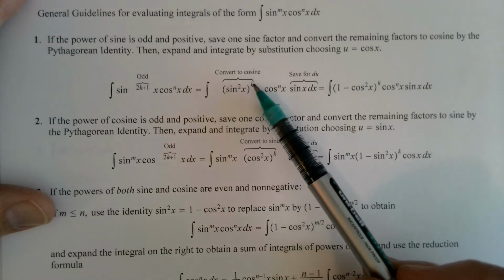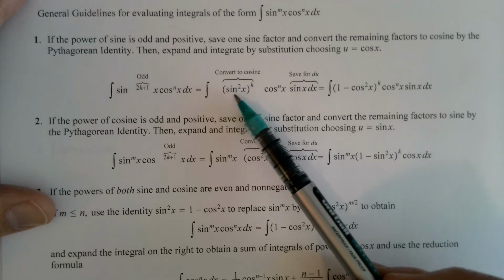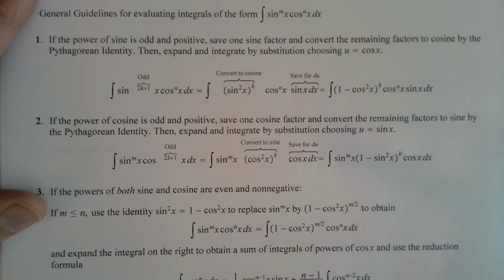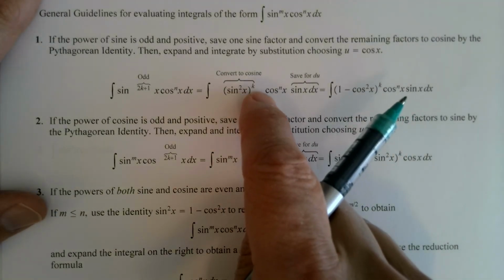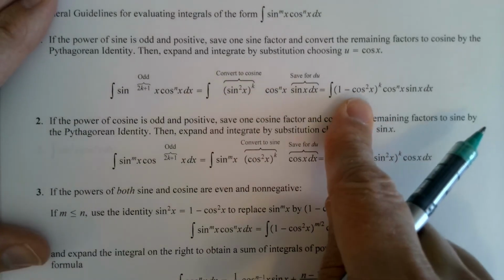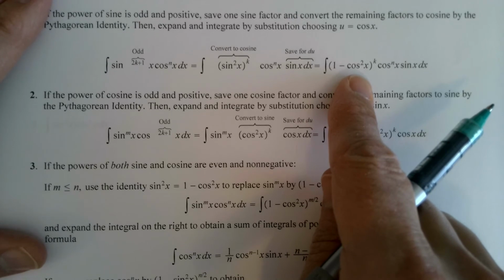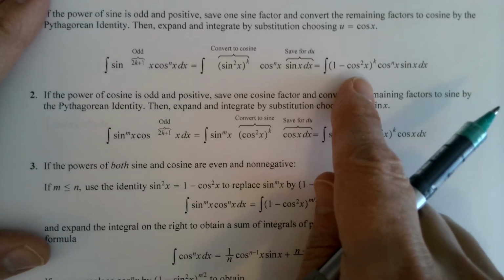Or sine squared to the 4th is sine to the 8th, and so on. So this sine squared, then I can convert to cosines, right? We know this is 1 minus cosine squared x here, and then of course I might have to expand that out, right?